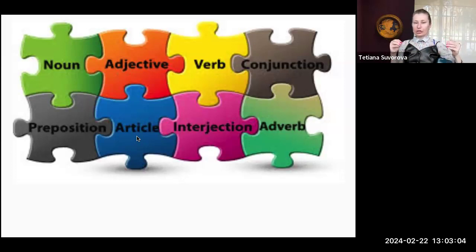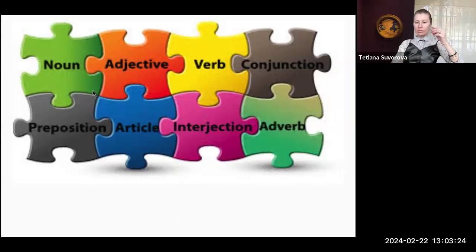They are considered to be functional parts of speech. These are notional and these are functional because they have some service. They serve these notional parts of speech. And that is why they are also important, but have a different value, bigger and smaller, but important.